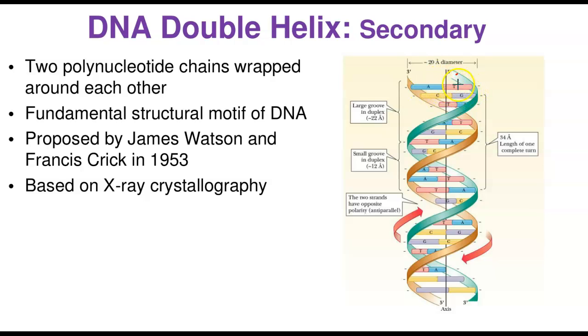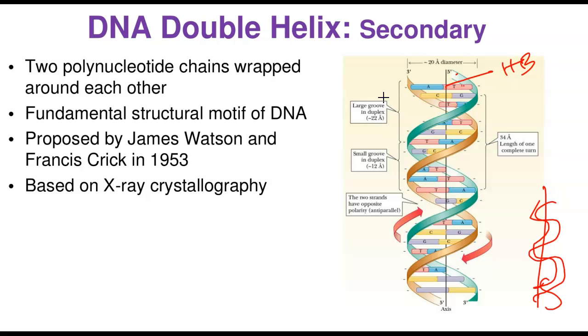Now remember, the bases connect to each other. The connection between these two bases is held together by what? These two complementary bases facing each other are held together by hydrogen bonds that maintain this three-dimensional structure. Now, because these strands wind themselves as a helix, the helix makes two types of grooves: the large groove and the small groove, or some people call them the major groove and the minor groove.